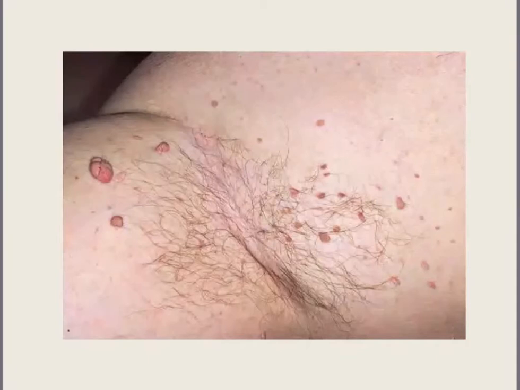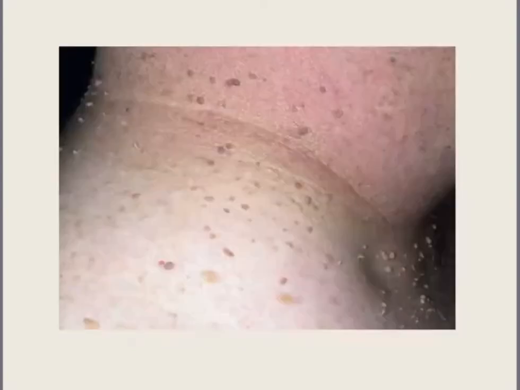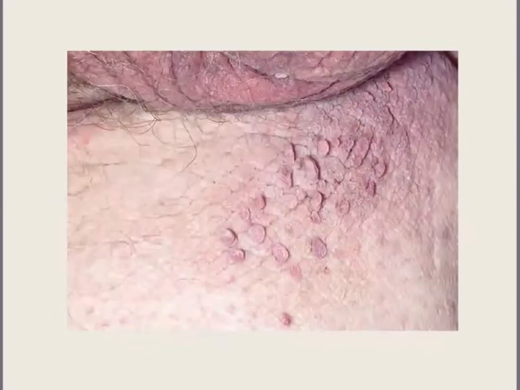Sometimes they become larger, of course, and redundant when the stalk becomes long and narrow. Sometimes very annoying, and they interfere in an upsetting manner with the clothing. Skin tags, usually more than one.